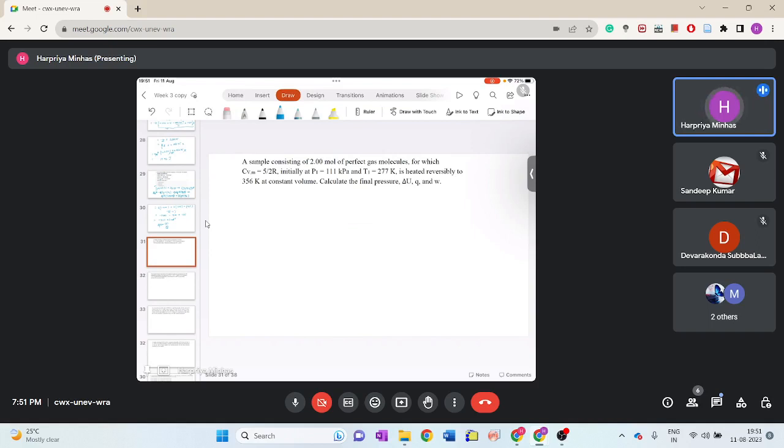So the question says, a sample consisting of 2 moles of perfect gas molecule for which the CV is equal to 5 by 2 R, initially at P1 equals 111 kilopascal and T1 at 277 Kelvin is heated reversibly to 356 Kelvin at a constant volume, and we have to calculate P2, del U, Q and W.